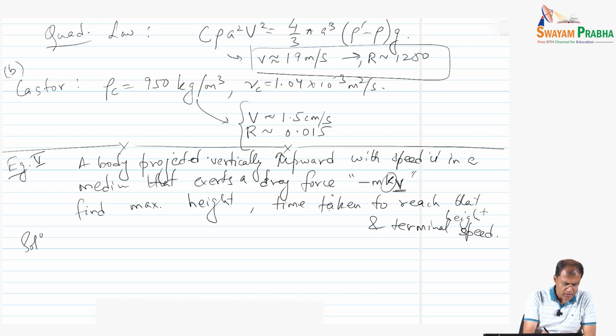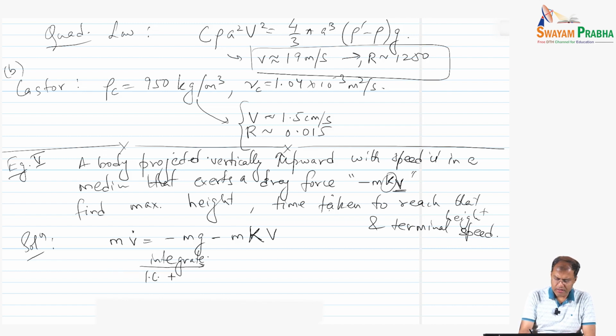So let us now write down the equations of motion. We have m v dot is equal to minus mg minus mkv. That is the equation of motion for the medium, and the balance between these terms gives the terminal speed, right? And then we are going to integrate this system with the initial condition that at t equal to 0 the velocity v is u.